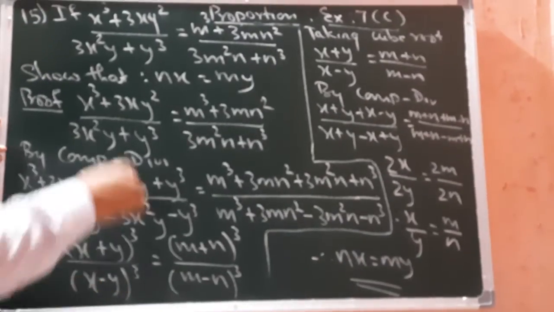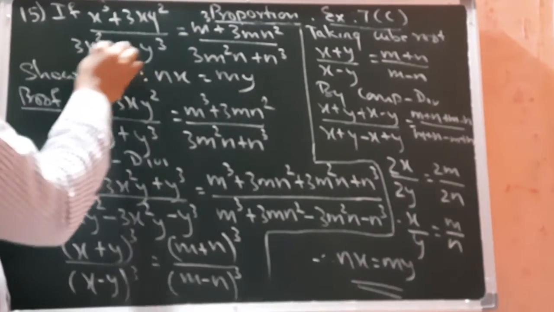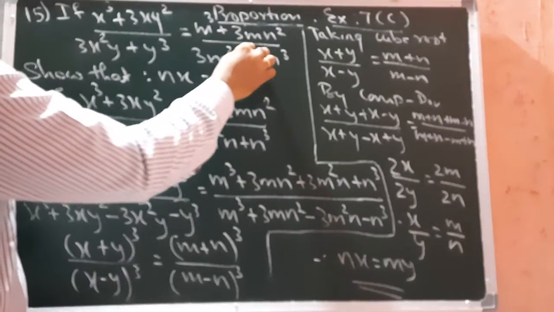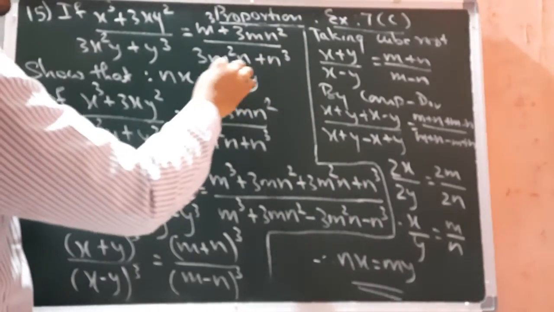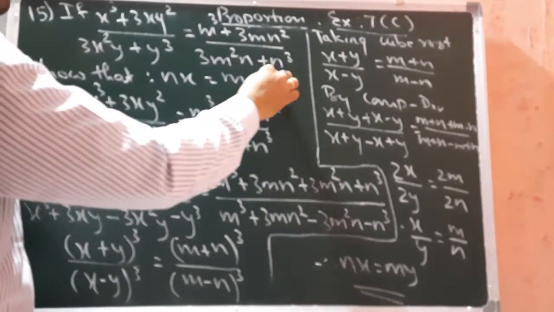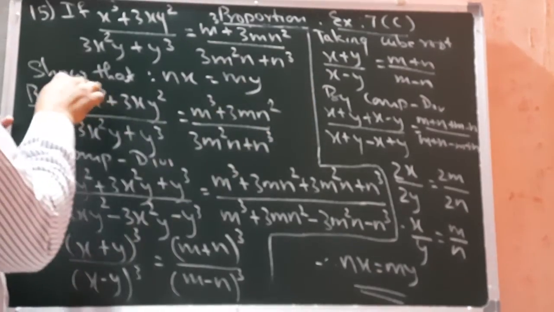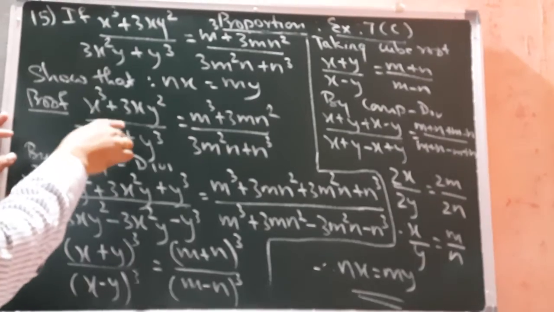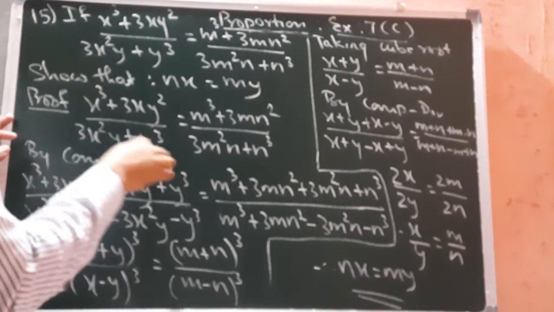Question number 15. If (x³ + 3xy²) upon (3x²y + y³) is equal to (m³ + 3mn²) upon (3m²n + n³), show that nx = my. So this is your question. Up and down both are plus, and here also plus.